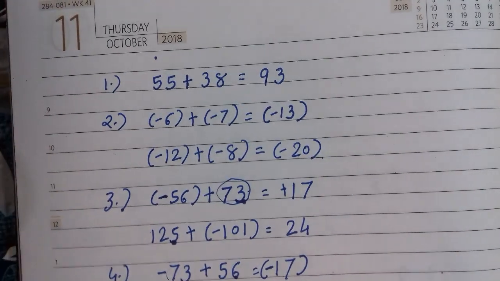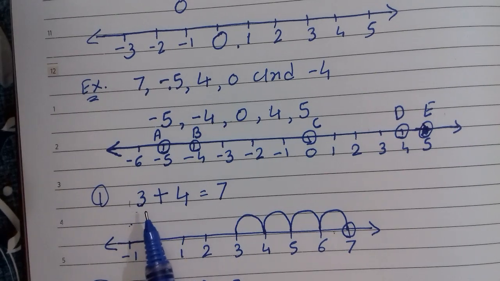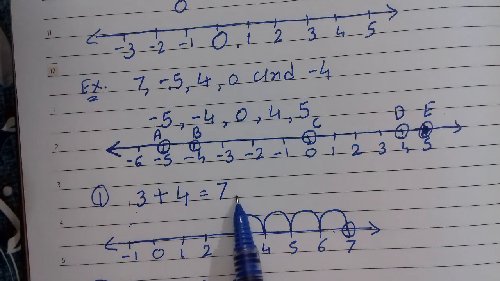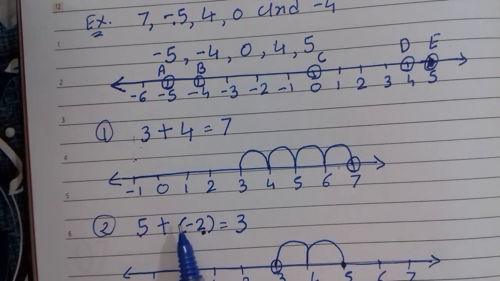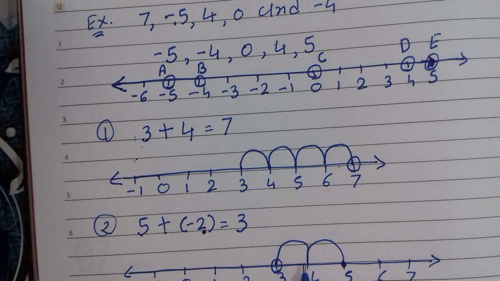Once again, if you want to add a positive integer, then move to the right. If you want to add a negative integer, then move to the left side.